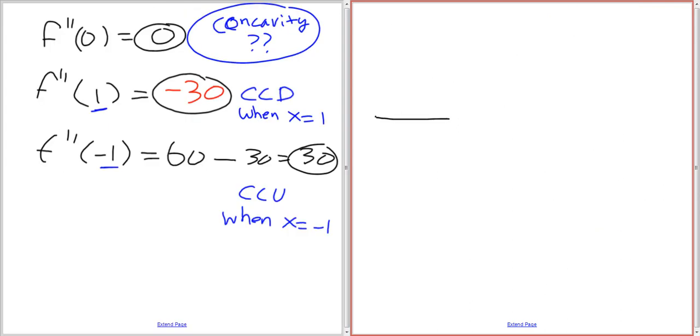So let's say we have a graph here, and we don't really know what the graph looks like, but we do know that when x is equal to 1, we'll just get some kind of y value here. I'm making this up. When x is equal to 1, the graph is concave down. So the question then becomes, if the graph is concave down, doesn't it have to look something like this?